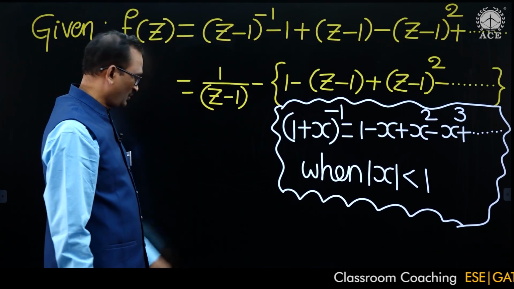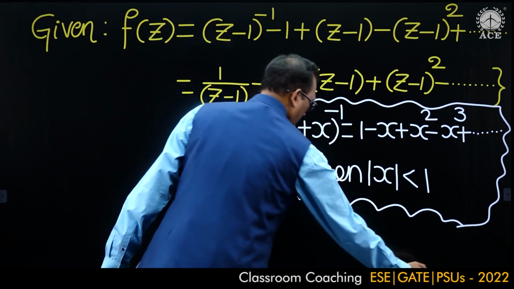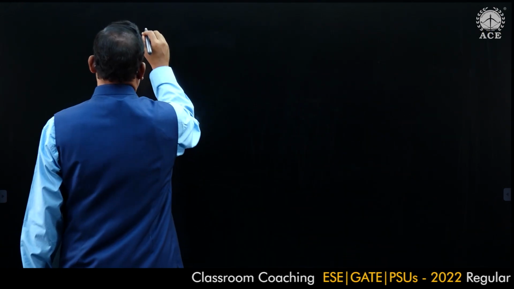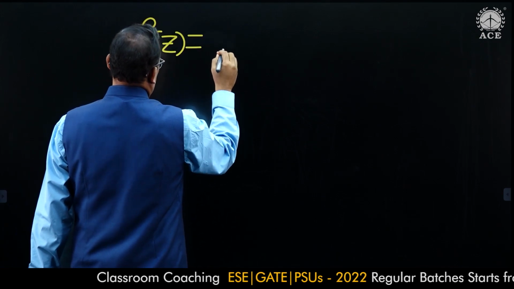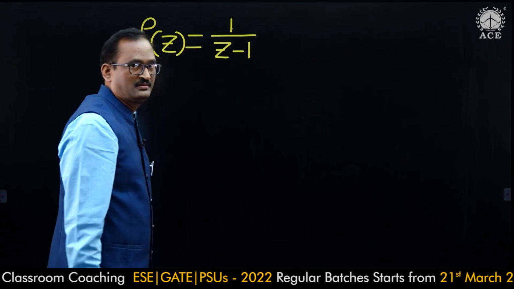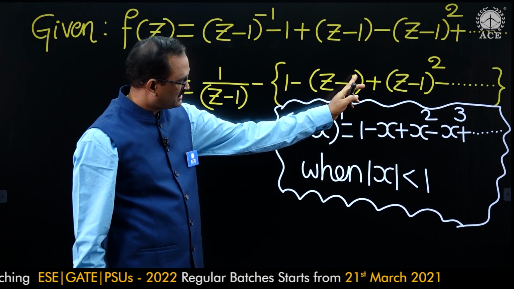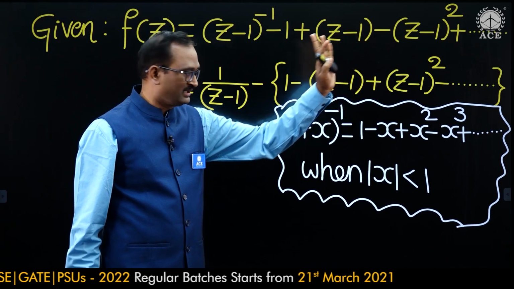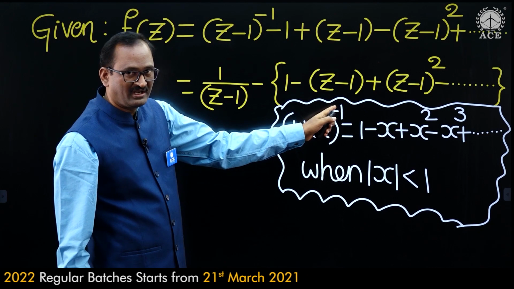Now take the given problem. F of z is equal to one by z minus 1. This is 1 minus x plus x square minus x cube so on. That is the expansion of 1 plus x whole power minus 1.